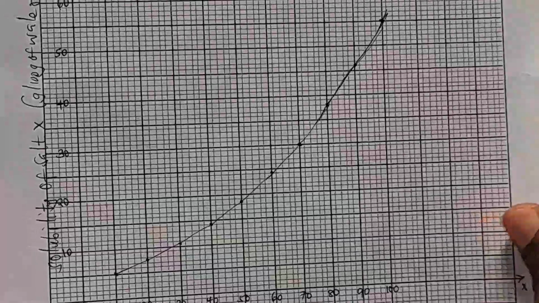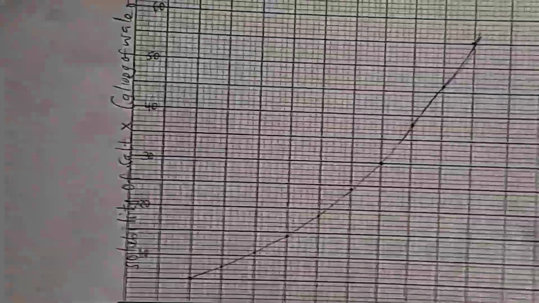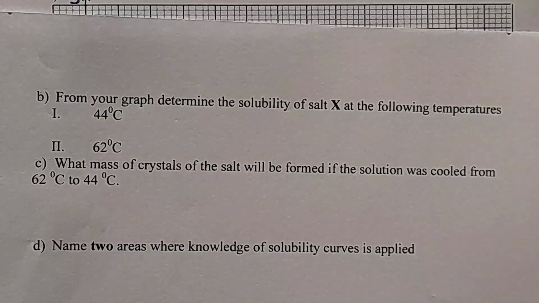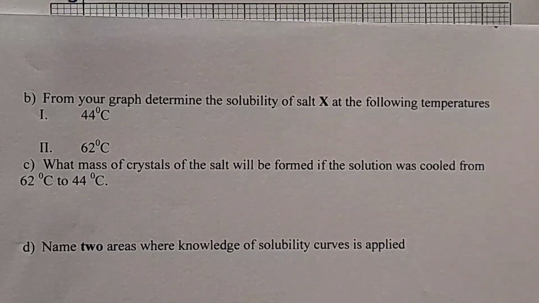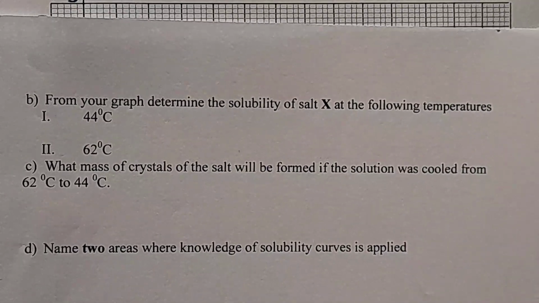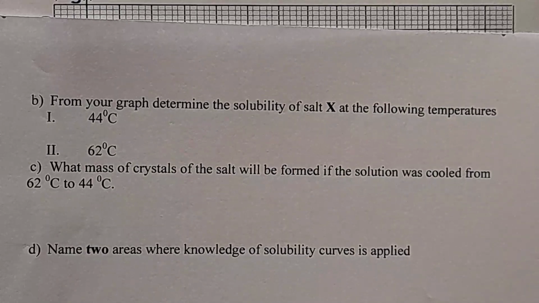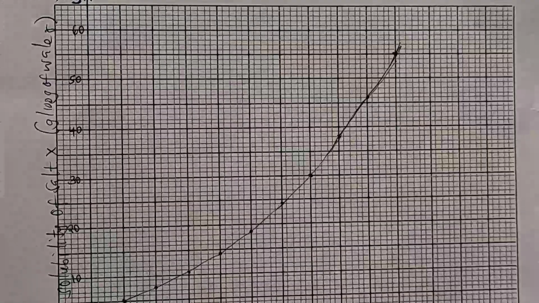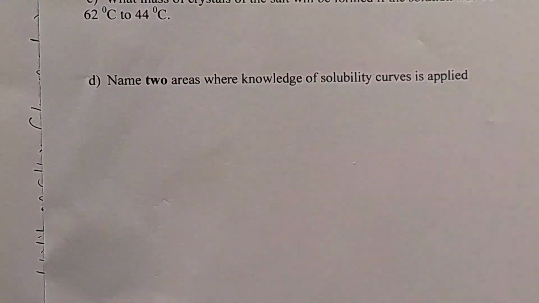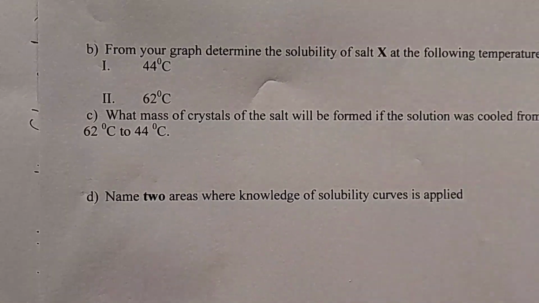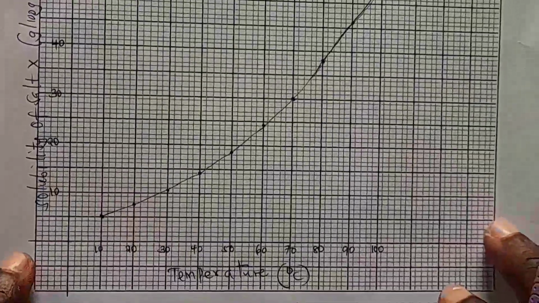So let's go to the questions. We are going to answer using the graph. The first question: from the graph, determine the solubility of salt X at the following temperatures. In part 1, we are given 44 degrees Celsius. So let us go to the side of temperature.